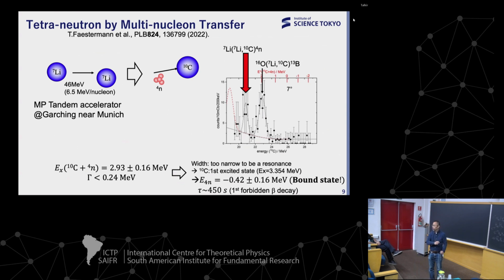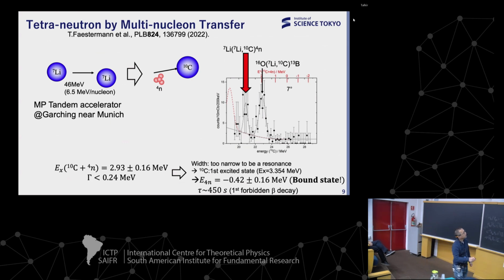This facility was, I think, closed after this experiment. They measured lithium-7 on lithium-7 at 6.5 MeV per nucleon, and then produced carbon-10. They measured carbon-10, and the counterpart should be the 4-neutron system, right? So this is a mass transfer reaction experiment.